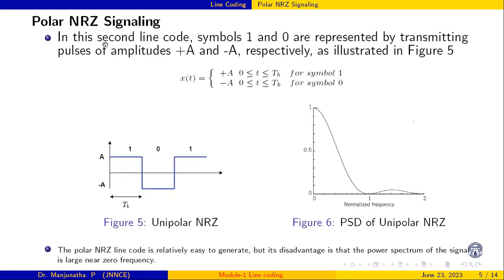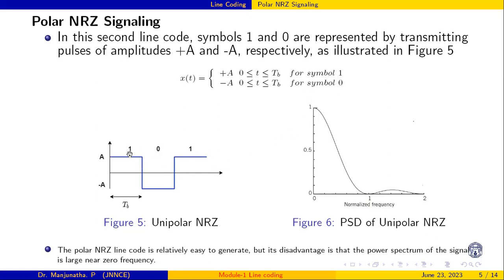Polar NRZ signaling. In this scheme, symbols 1 and 0 are represented by transmitting pulses with amplitudes of plus A and minus A respectively. That is, x of t is equal to plus A for 0 to TB for symbol 1, and minus A for a duration of 0 to TB for symbol 0.